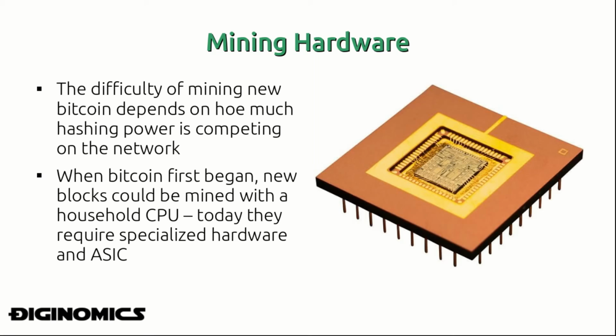Today, you need very specialized hardware, an application-specific integrated circuit chip. It's in our estimation that the mining industry will only become more competitive and the hardware involved to run profitable mining operations will become more specialized as well.